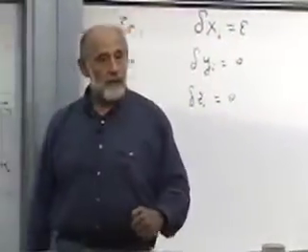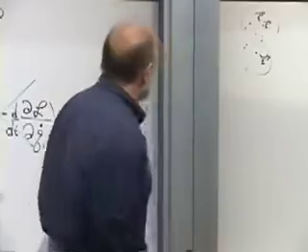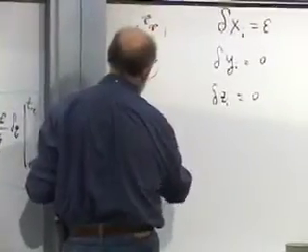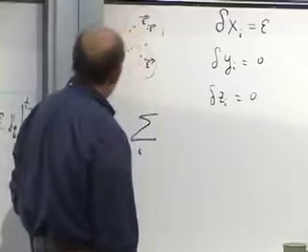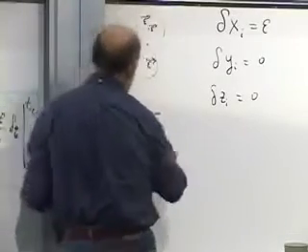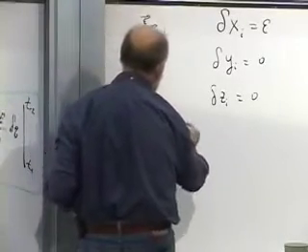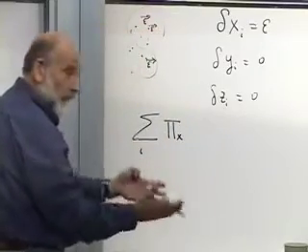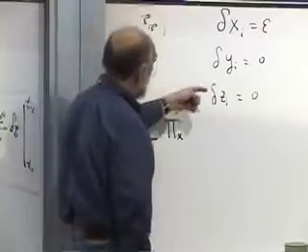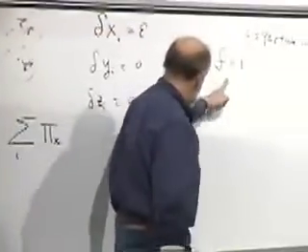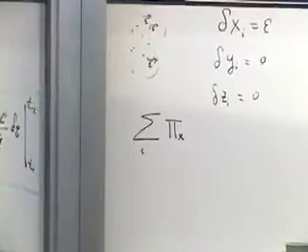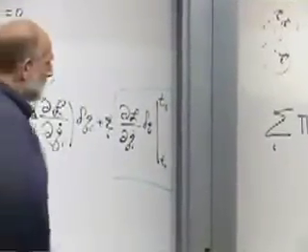Now let's calculate the Noether charge. All right? The Noether charge is, we sum over all of the particles, sum over I, of the canonical momentum conjugate to the x coordinate times f, which is just 1. Now, it's just the sum of pi sub x.